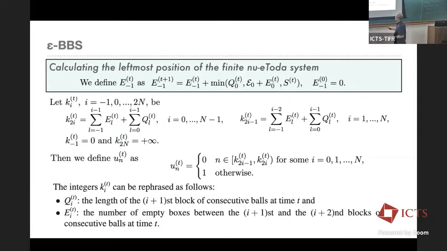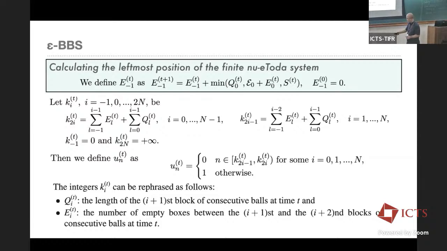So we introduce K2i and K2i minus 1. This is just counting how many epsilon I, how many qi, slightly different. By using this K2i, it's possible to transform the Toda expression to the standard box-ball system. The box-ball system in our case should be a binary sequence.